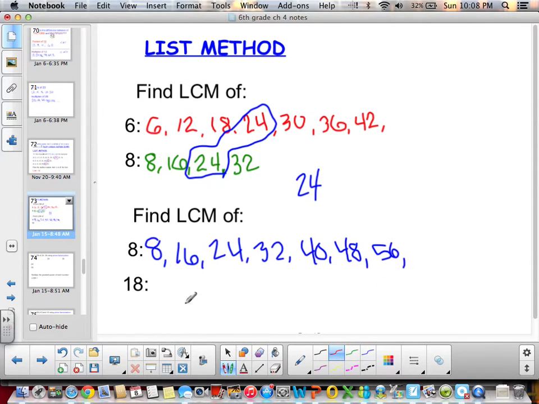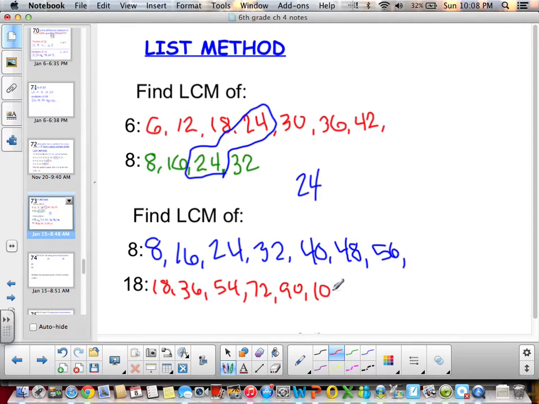And then I know that the multiples of 18 are 18, 36, 54, 72, 90, 108. I'm going to stop there.